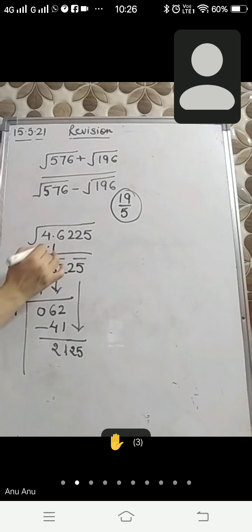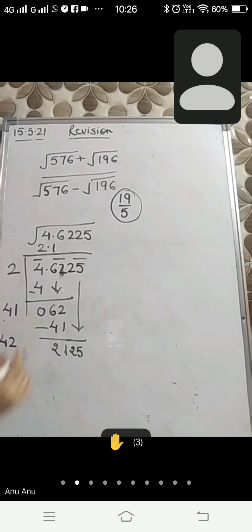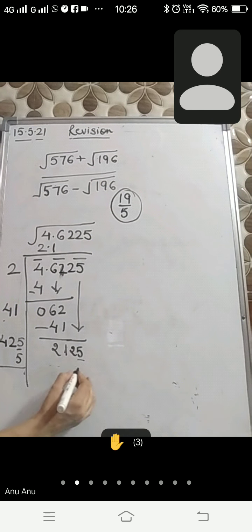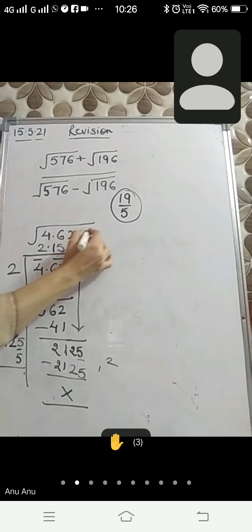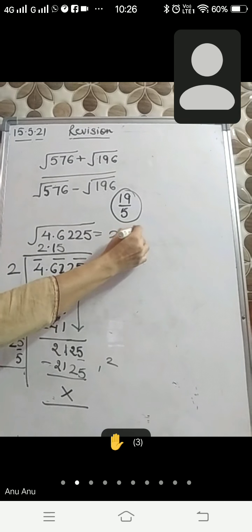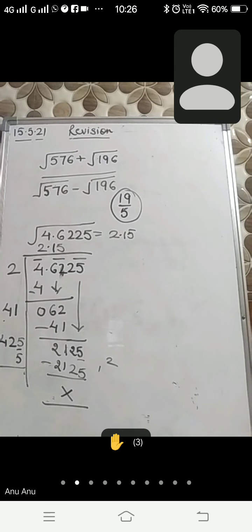Double of 21, we will multiply by 2, that is 42. Which digit should I write here? Obviously we want 5, so I will write 5. 5 5s are 25. 5 2s are 10 plus 2 is 12. 20 plus 1 is 21. So 5 we will write here and the square root of this is 2.15. Okay? Is it okay?